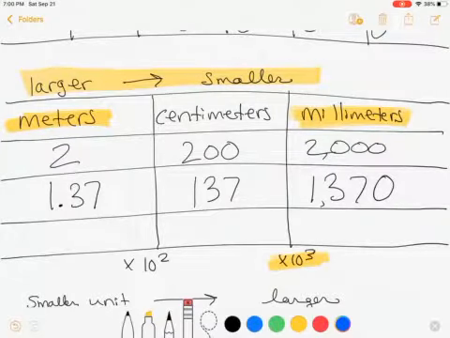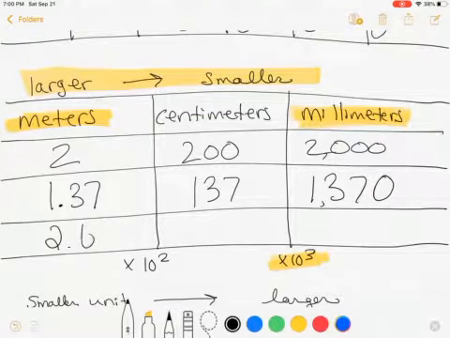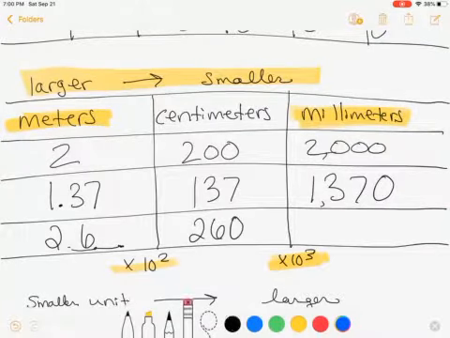Now let's do 2 and 6/10 and rename it to centimeters. So same rule here. We're going to move that decimal 1, 2 places over. So 2 6/10 meters is 260 centimeters.